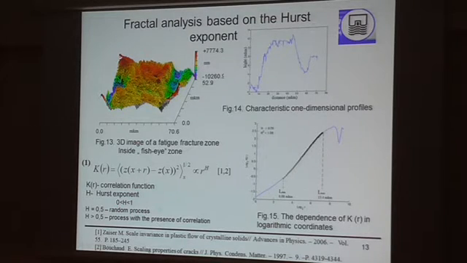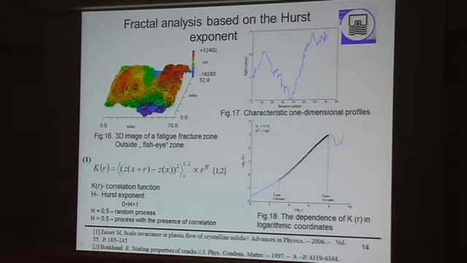And H is the Hurst exponent. Inside the fisheye zone, the correlation length L max is about 50 micrometers. Outside the fisheye zone, the correlation length L max is about 24 micrometers.